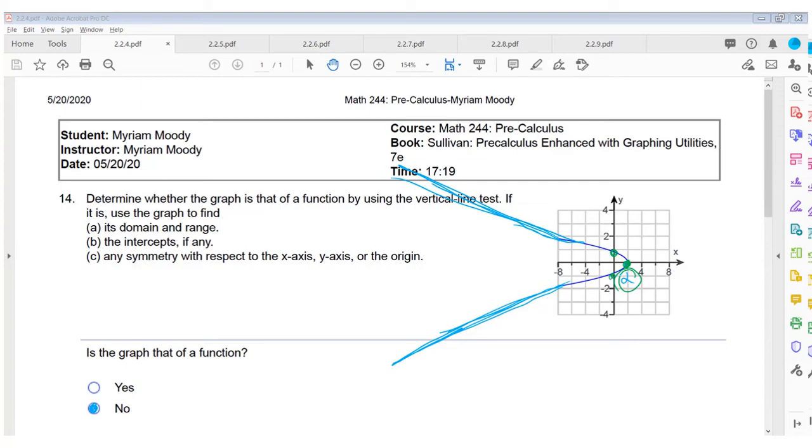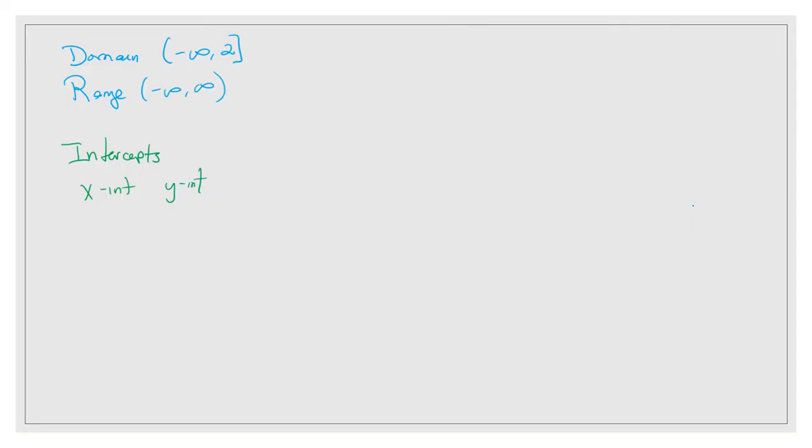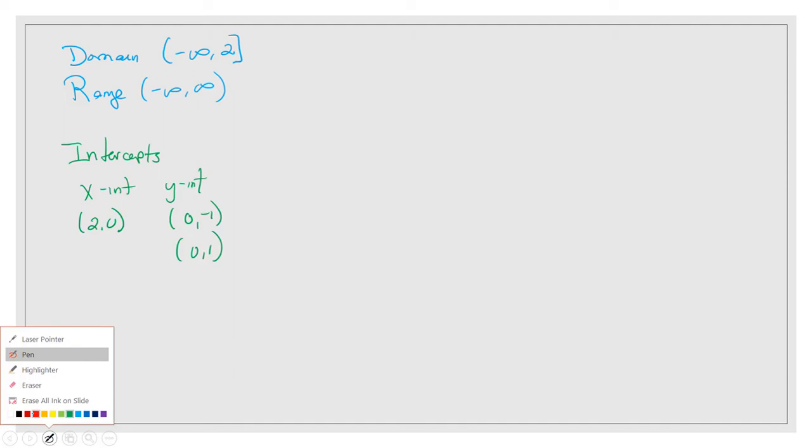And I think the graph is a little off. I think it's supposed to be at -1 and +1 for the y's. So we saw 2, 0, and looks like we saw, excuse me, I wrote that backwards, didn't I? See, this is why I need you guys to do it with me. Looks like it was a +1 and a -1. Cool? And last but not least, that's right, symmetry.